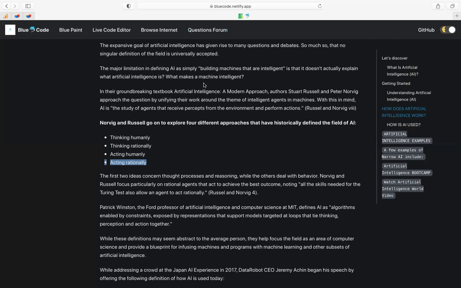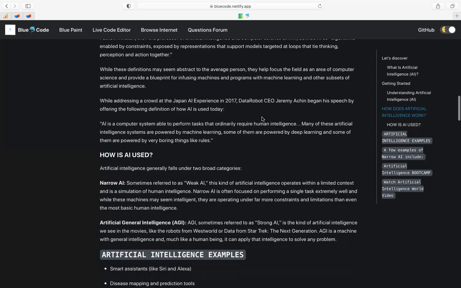Now the last one is acting rationally. It's obvious that any artificial intelligence model you build should be able to act like a rational being. When we talk about a rational being, it should be able to do things in the right way, the right manner.